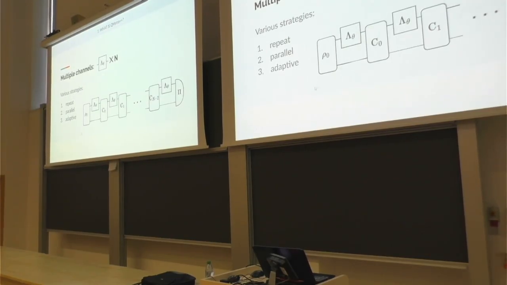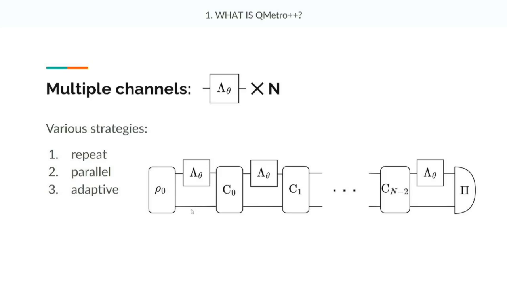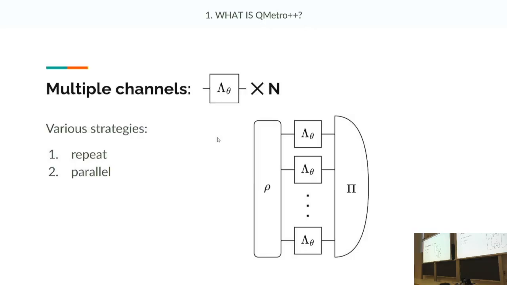So there is this additional space called ancilla, which allows control operations to communicate with each other. And you can notice that if this ancilla space is large enough, for example, let's say this channel is a qubit channel, and we have an ancilla which has n qubits, then by putting appropriate swap gates as control operators, we can basically simulate the parallel strategy with this strategy.